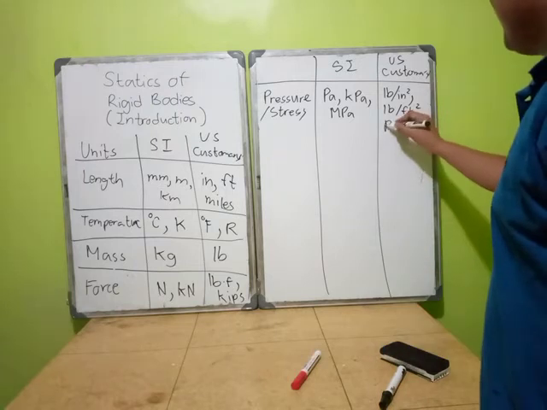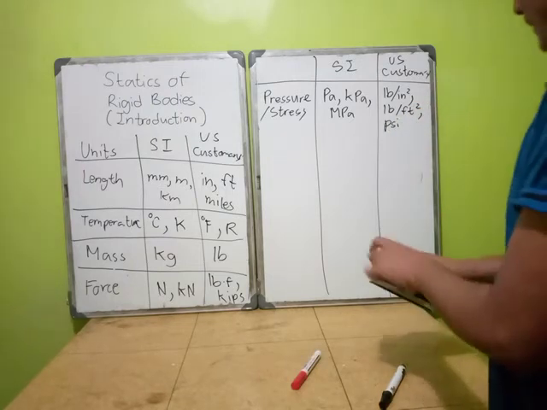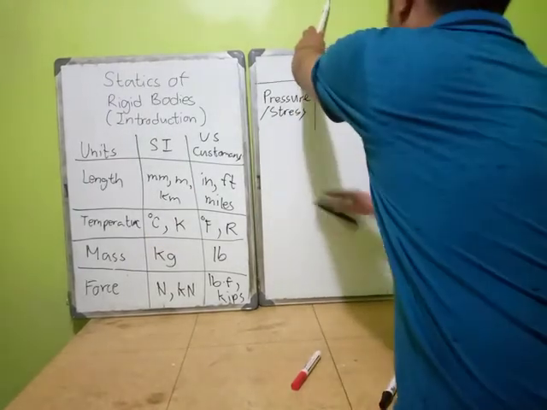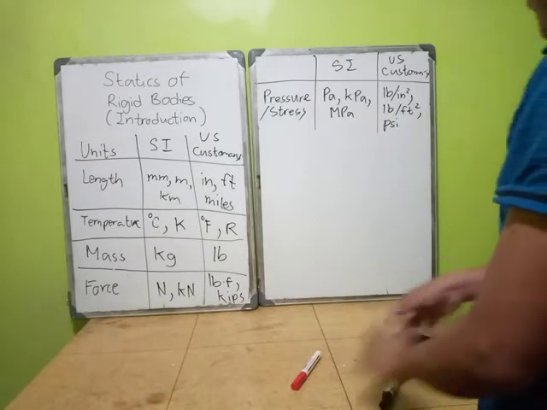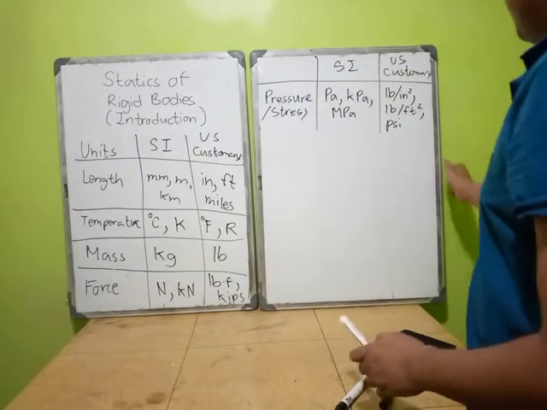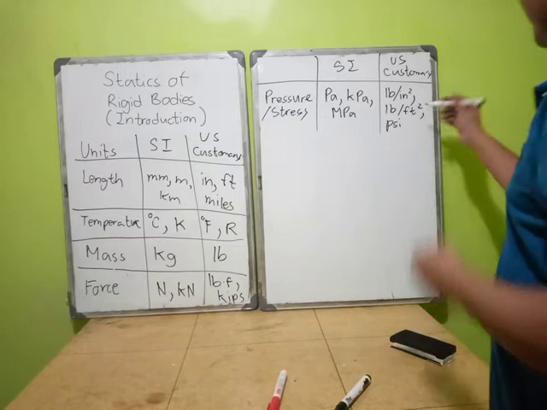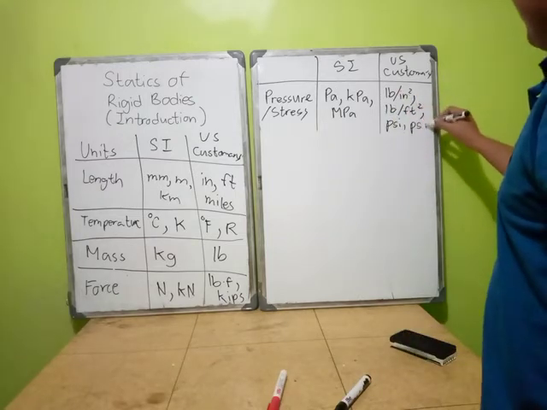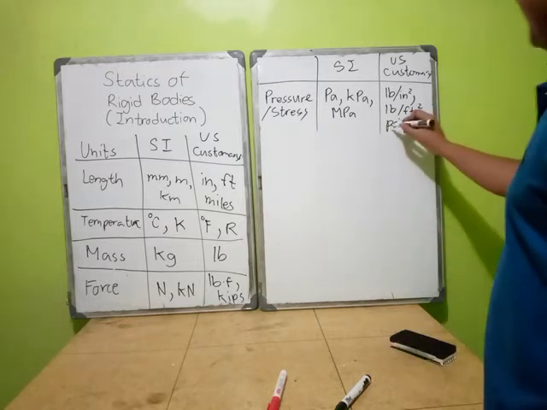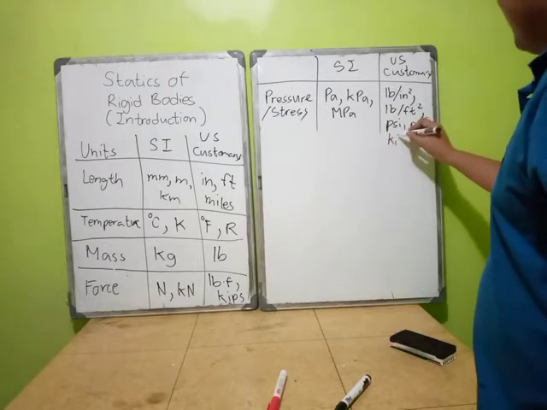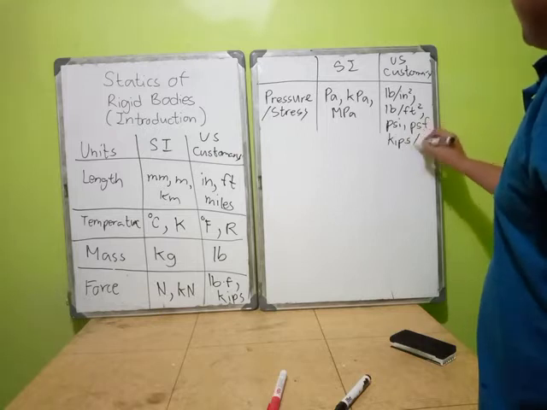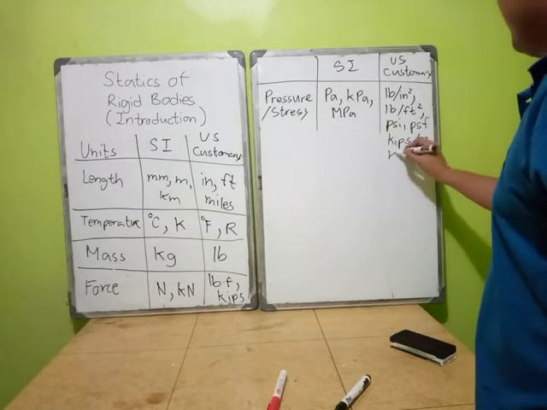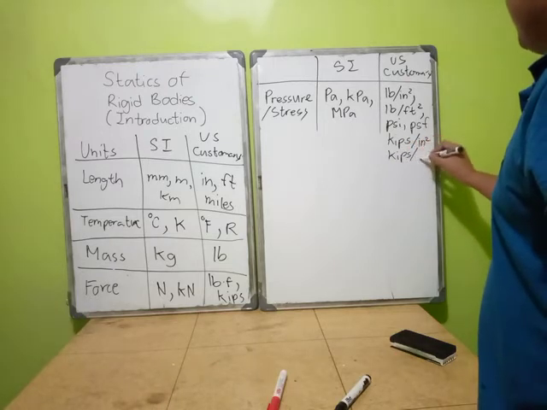Pwede natin tawagin ito na PSI. Other for this is PSF. Pwede rin kips per square inch or kips per square foot.